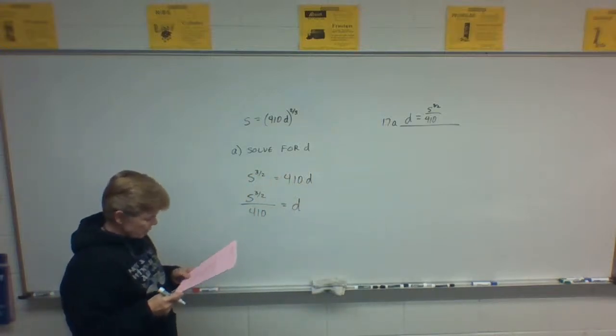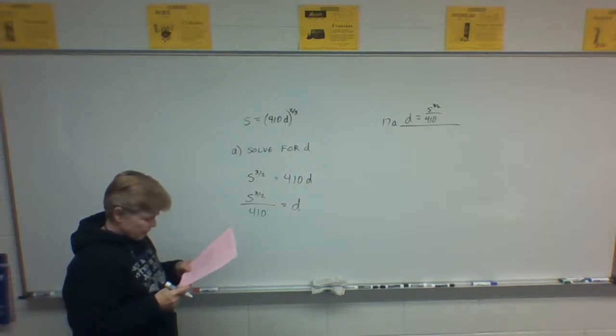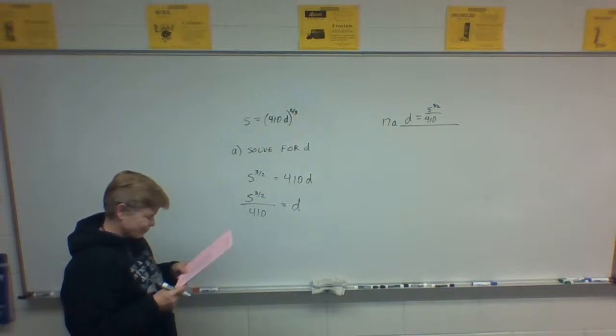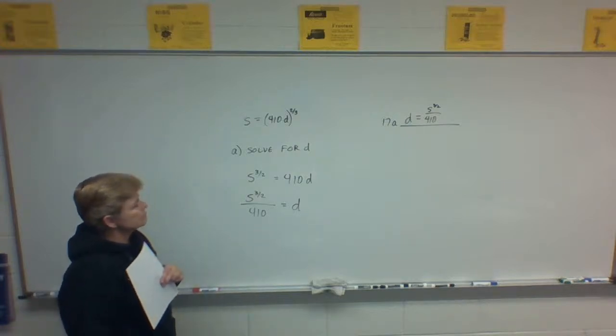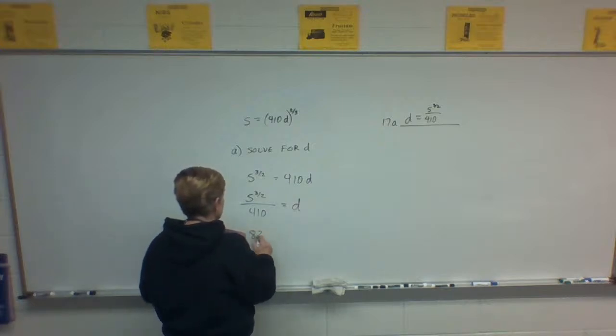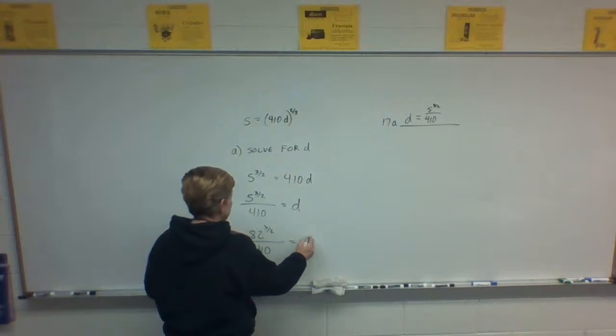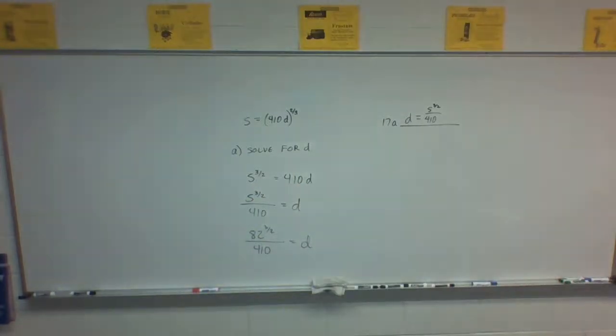And then B part says, find the average depth of the trench when the recorded speed is 82 miles an hour. So now you got to take this thing and plug in 82 for S and kick out a value to answer the B part.